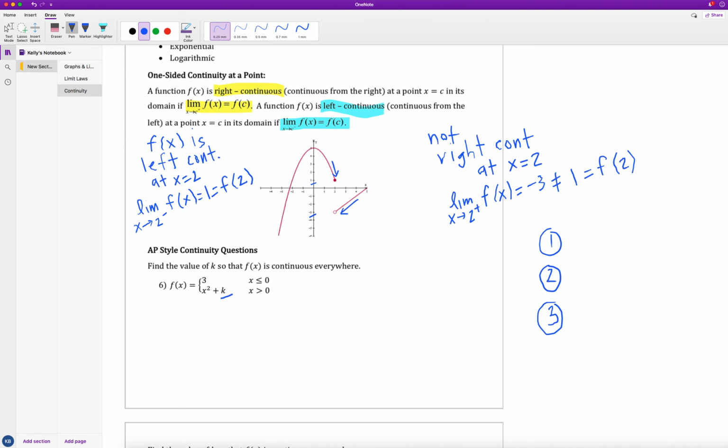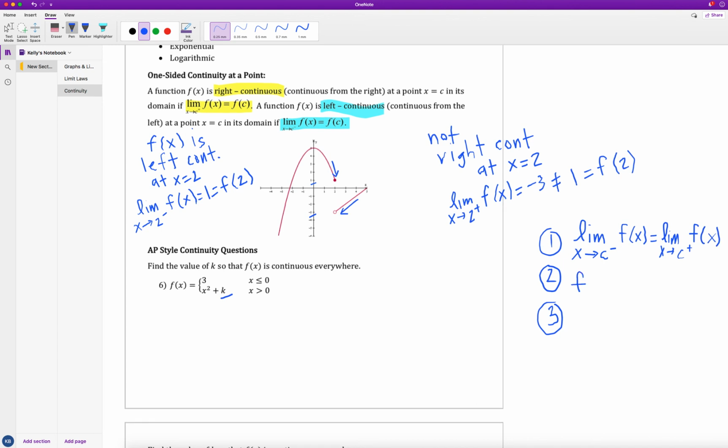Okay, let's check them. It doesn't really matter the order. The first one that we talked about was that the limit has to exist, which really means that the limit as x approaches c from the left-hand side of f of x has to equal the limit as x approaches c from the right-hand side. So that's the first thing that has to be true.